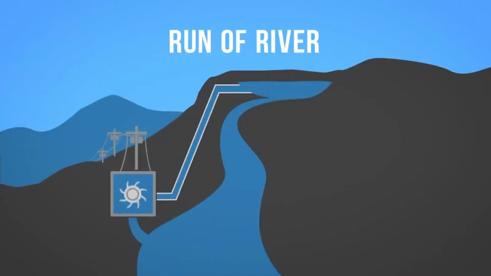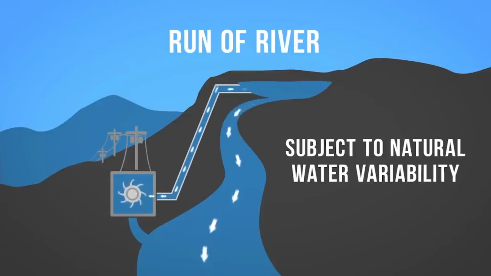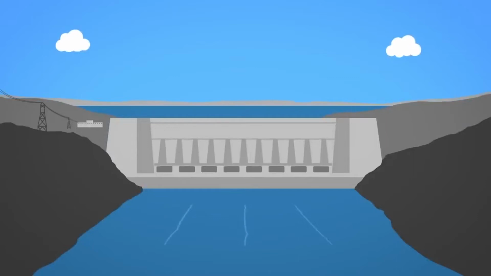The second form of hydroelectricity production is run-of-river hydro. Run-of-river still uses turbines and generators, but relies on natural water flow rates of rivers, diverting just a portion of the water through turbines. Because run-of-river hydro is subject to natural water variability, it is more intermittent than dammed hydro. There are various sizes of hydro plants that produce electricity.